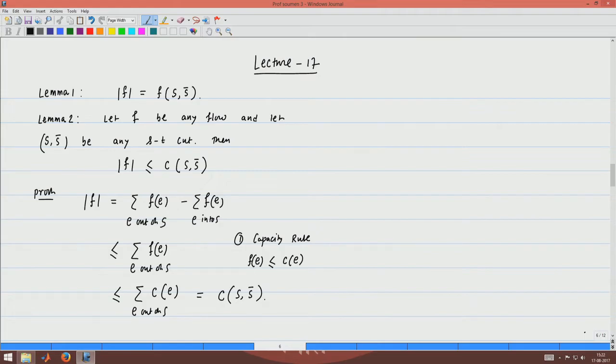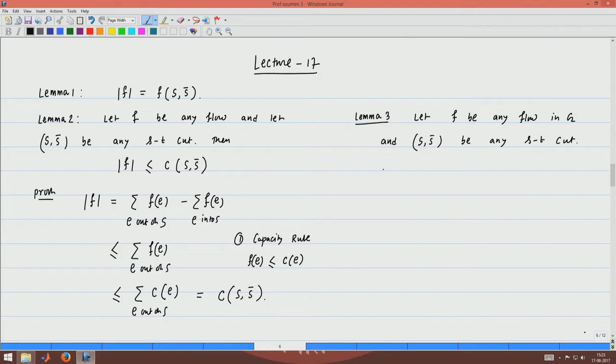Now, we just state another lemma. Let f be any flow in G and (S, S complement) be any s-t cut.